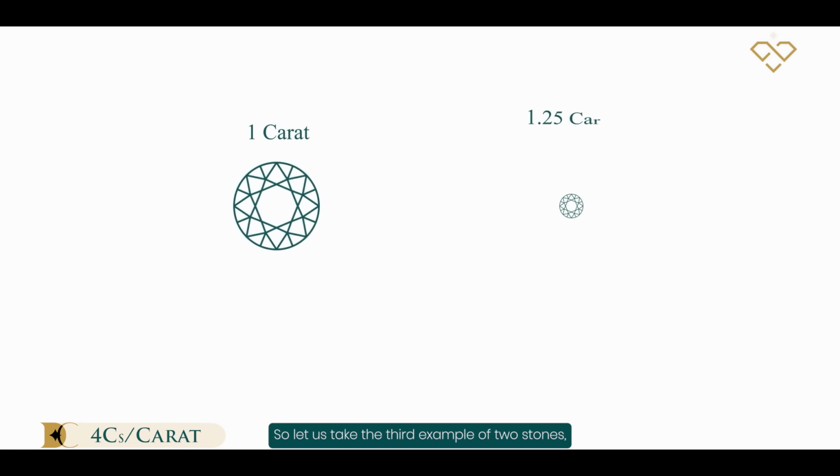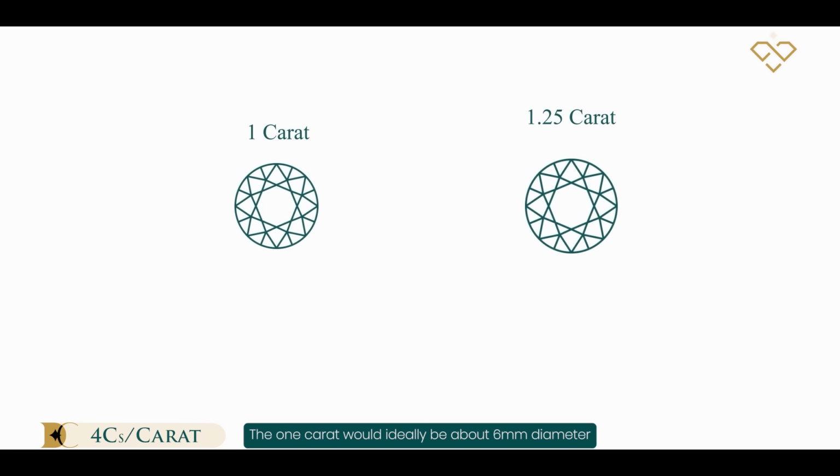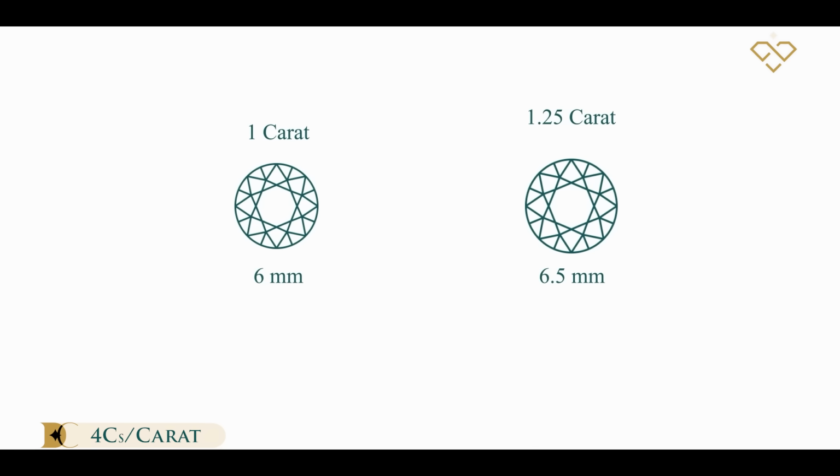So let us take the third example of 2 stones, maybe 1 carat and 1.25 carats. The 1 carat would ideally be about 6 mm diameter and the 1.25 about 6.5 mm diameter.